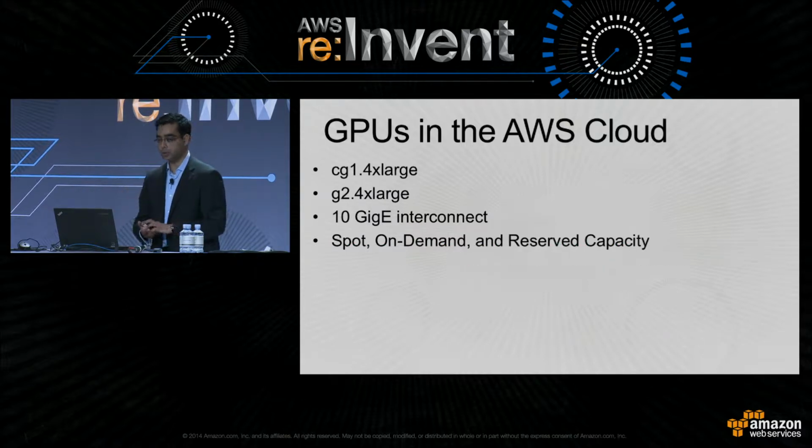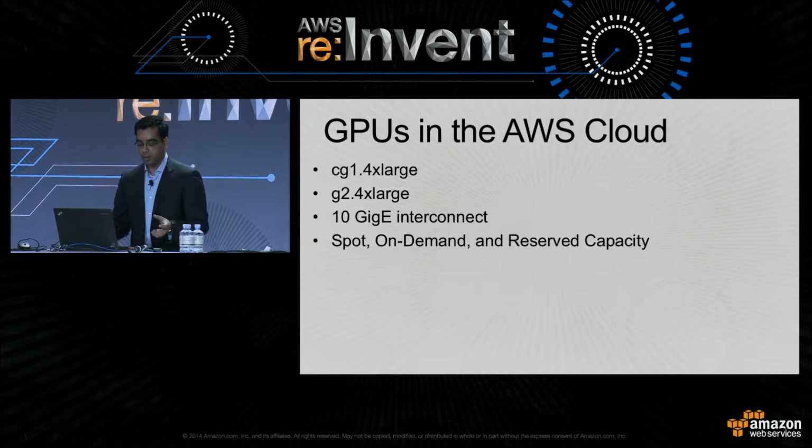If you start them all in the same cluster group, you'll get 10 gig, which is pretty good. The G2 or CG1 server is also pretty powerful, so you're cooking with gas if you have like 100 G2s on a 10 gig network. And you can get them with either spot, on demand, or reserved.